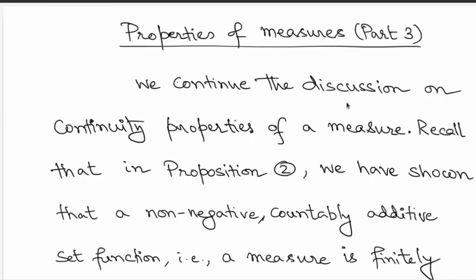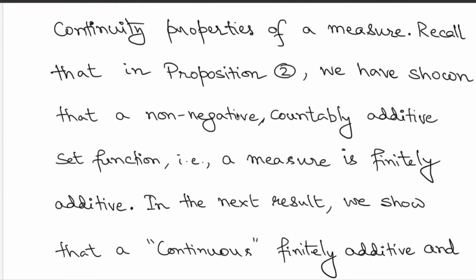So we are going to continue this discussion on continuity properties of measures, and we are going to see that this is the property that will help us construct measures via these additivity properties. So recall first that we have shown that a non-negative countably additive set function, that is a measure, is finitely additive. What do I mean by that?